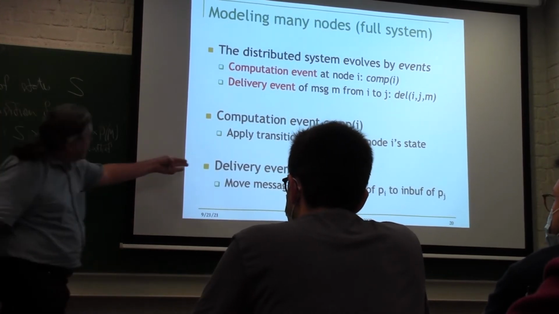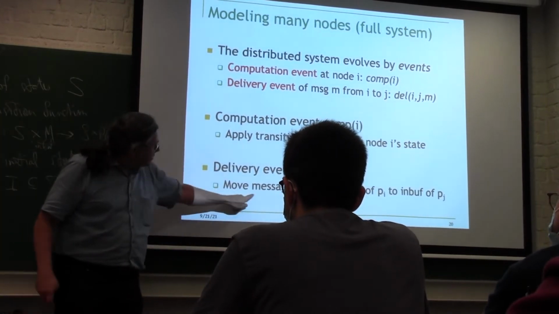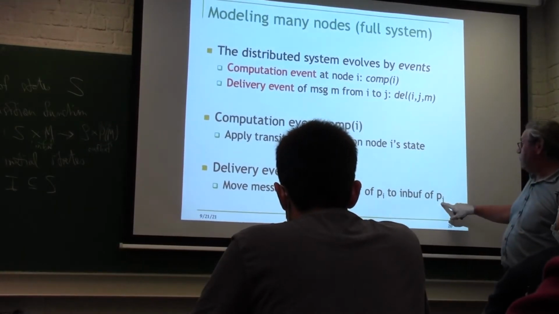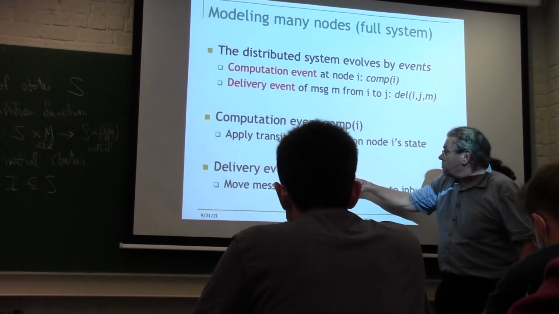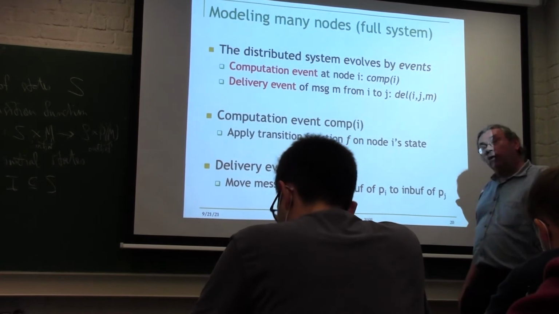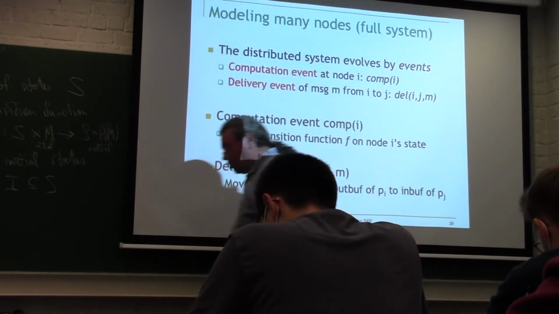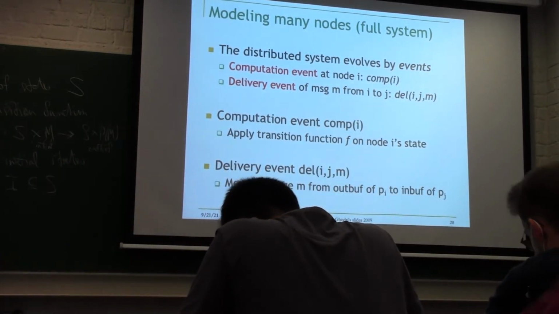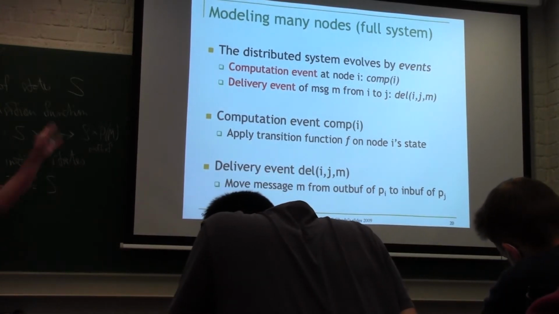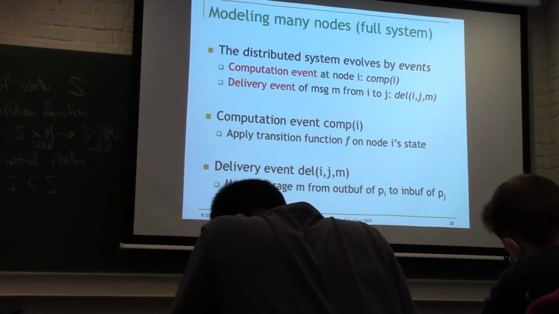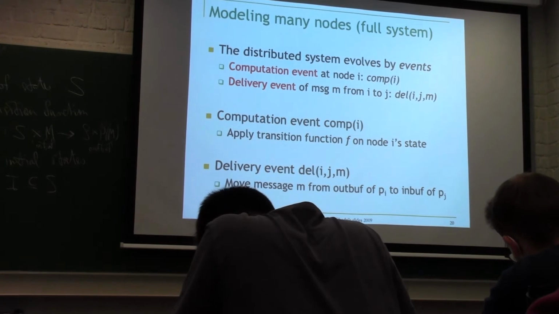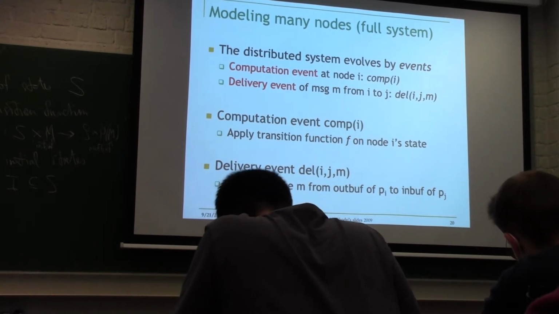The delivery event is this magic thing: you move a message m from the out buff of Pi to the in buff of Pj. Message m goes from i to j. This is instantaneous in the model. We're not modeling all the hard work of my esteemed colleague here at all. We're assuming it's a trivial thing. I don't think you would mind, because we're going to build on top of it.